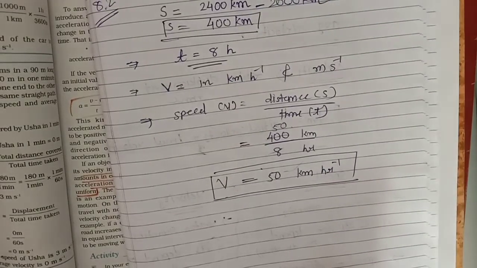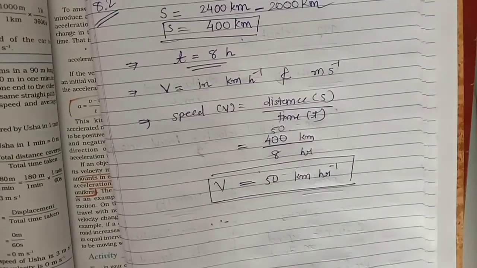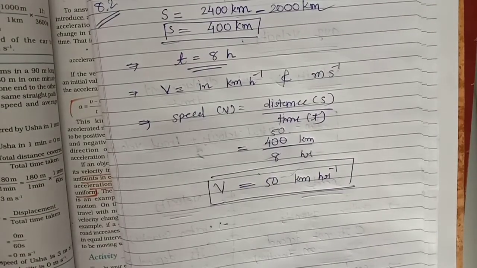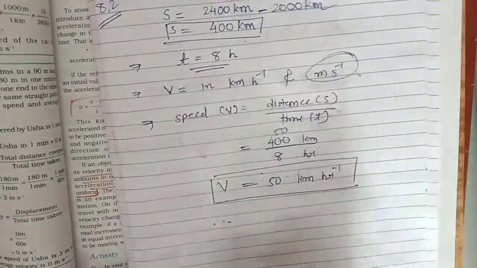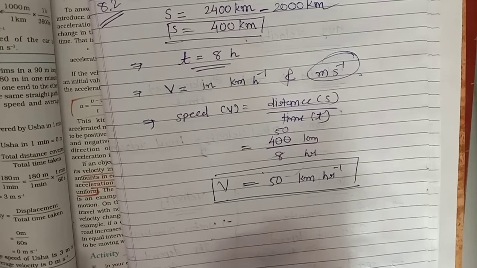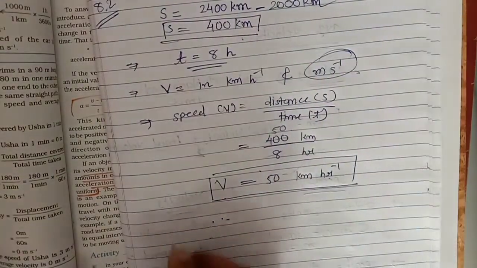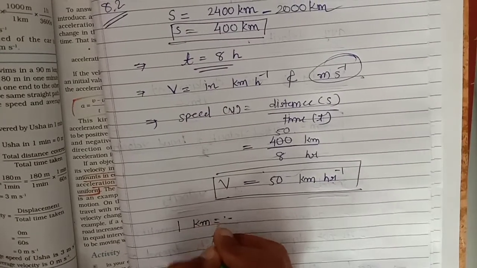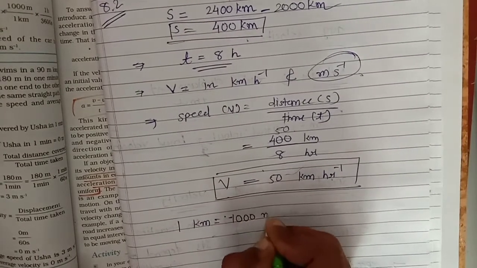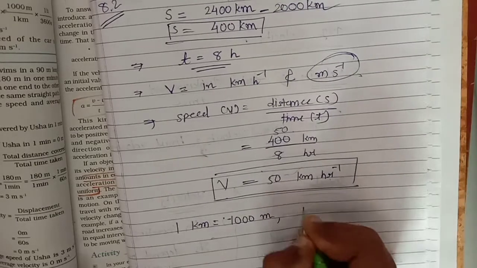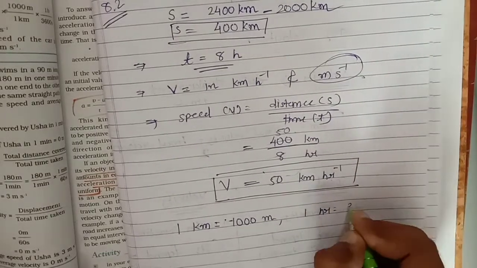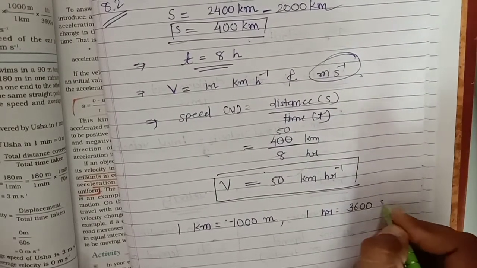We also find the speed in meter per second. Clear? So first we have to convert kilometer into meter and hour into second. 1 kilometer is equal to 1000 meter, and 1 hour is equal to 3600 seconds.